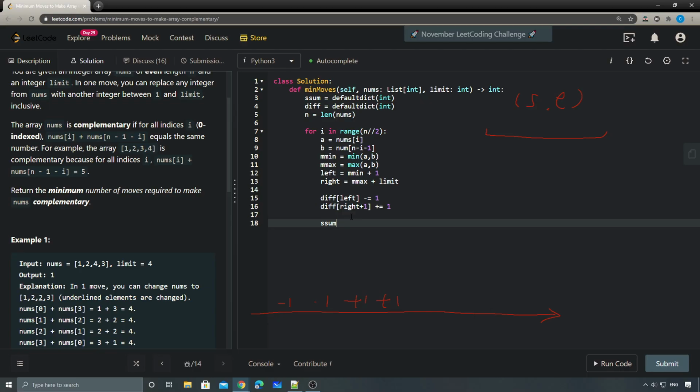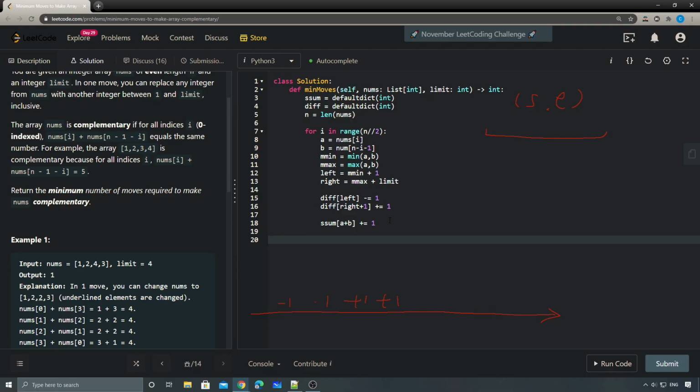We just need to do zero moves. That's why I'm also going to count the total for all the sums, so that later on I can subtract this number from our final loop here.